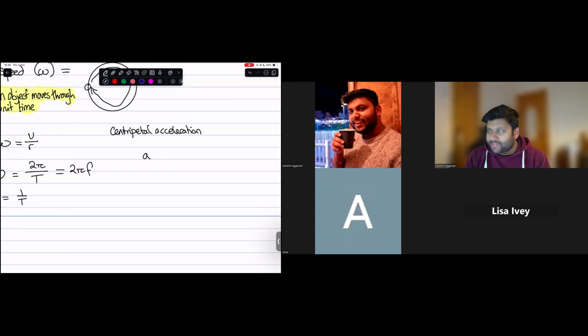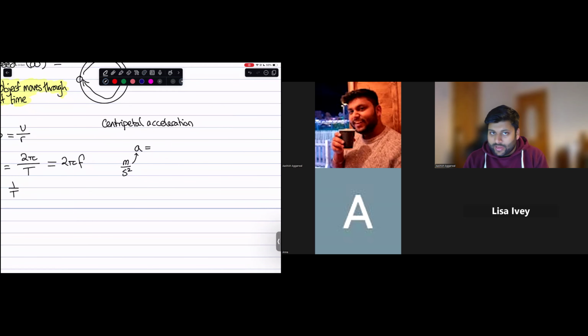Anyway, to calculate centripetal acceleration, you've got acceleration is, so what are the units of acceleration generally? Meters per second squared. Yeah, perfect. I'll write it like this, because we can also make up equations. If the units match and we're talking about the right properties, then sometimes you can make up equations to make it easier for yourself.